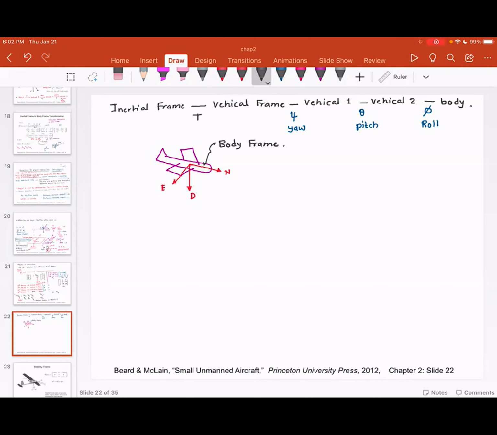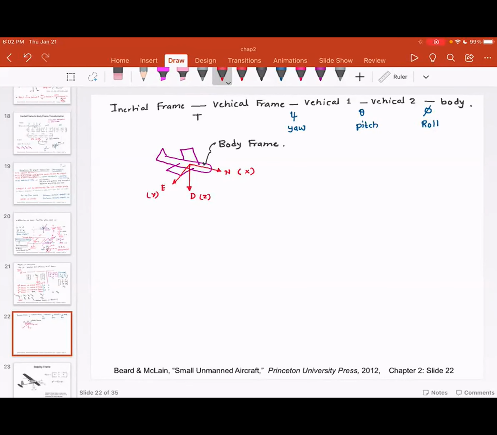And now our north vector is also considered as X. This is considered as Y, and this is considered as Z. X is pointing towards the nose, Y is along the wing, and Z is going down.